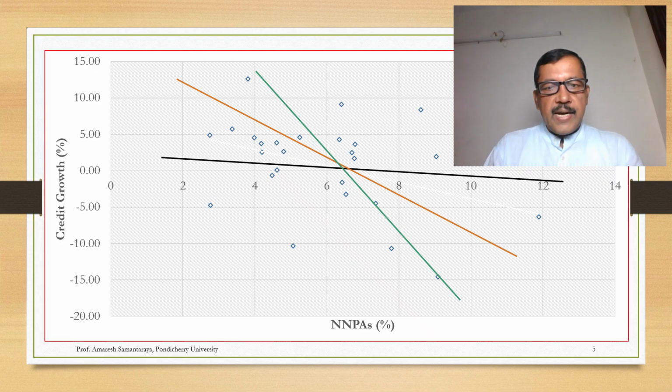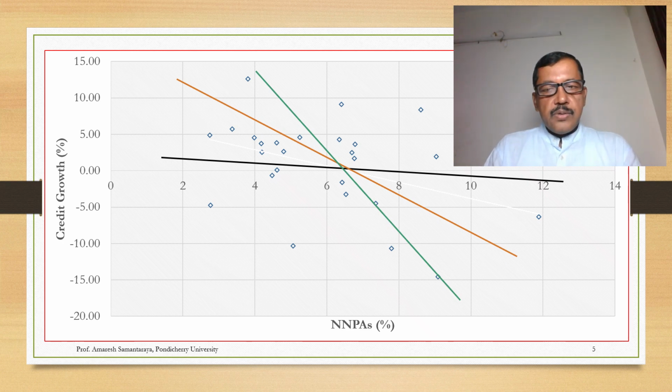So someone can perhaps fit a straight line like the black line, which is relatively flatter. Some can fit a line like the orange line, which is relatively steeper compared to the black line, or someone can fit a line like the green line, which is the steepest among the three.